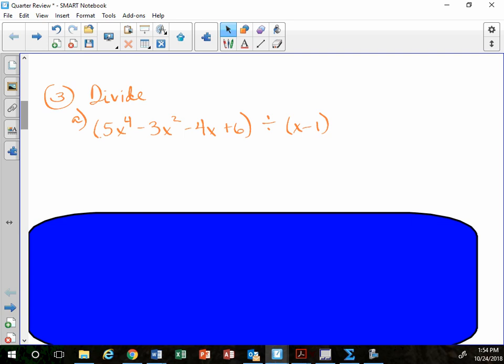Because there's 0x cubed, right? So you don't put 1x? If there's 1x cubed, there actually is an x cubed in there. Starting at the negative 6.